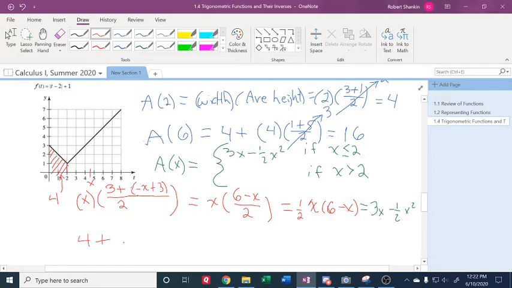So I'm going to do the same thing that I've done. I'm going to do the width times the average height. So let me make this rectangle in blue.